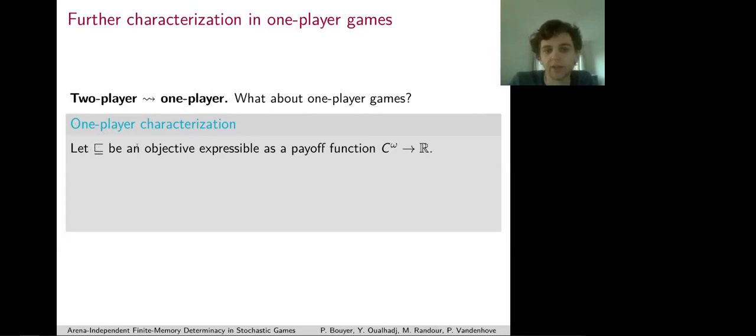We consider objectives that can be expressed as a payoff function, that takes as input an infinite sequence of colors, and that returns a real number. And so the objective of player 1 is to maximize the expected value of that payoff function.